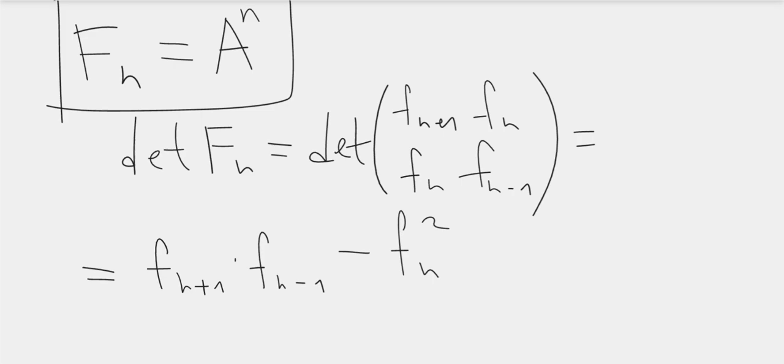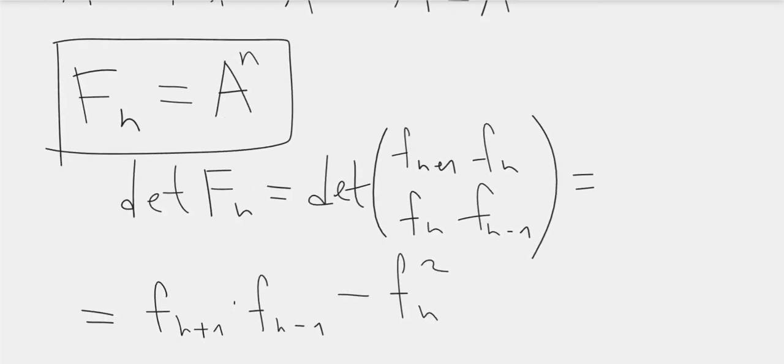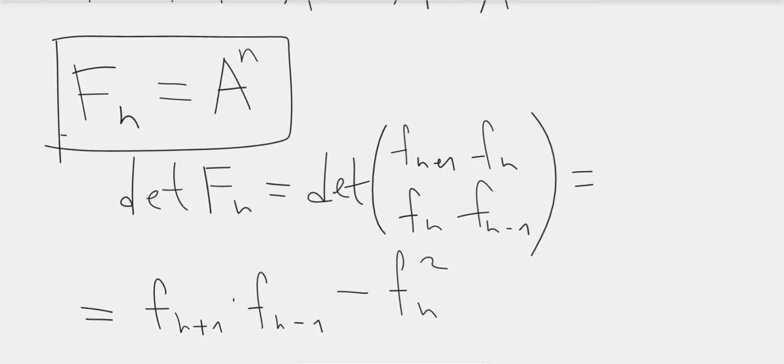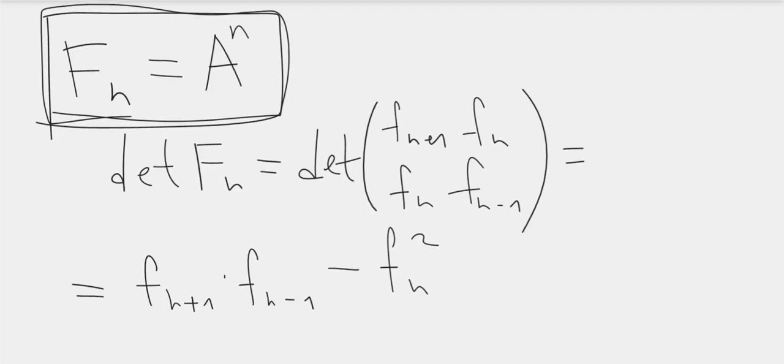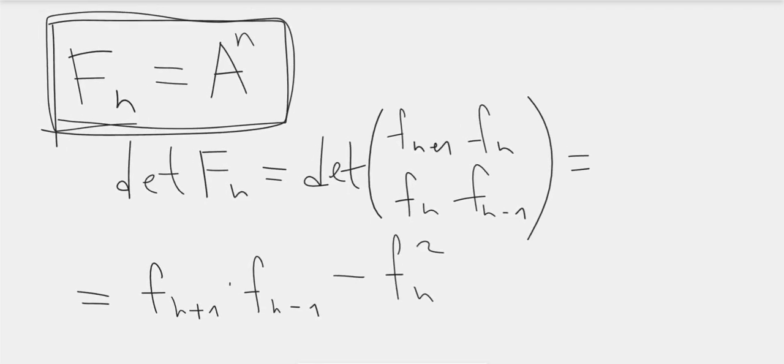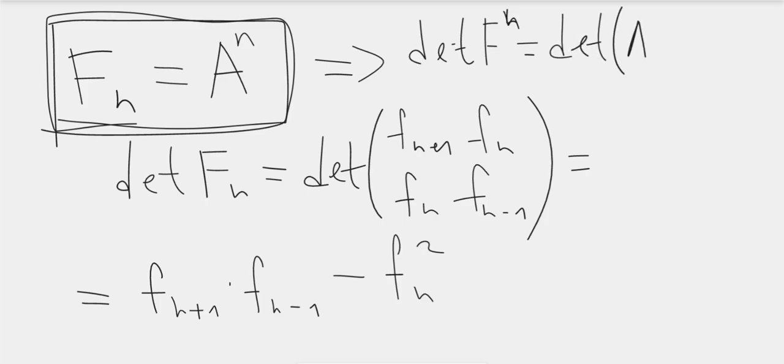But on the other hand, since we proved that the matrix Fn is equal to A to the power of n, we conclude that the determinant of Fn is equal to the determinant of the matrix A to the power of n.